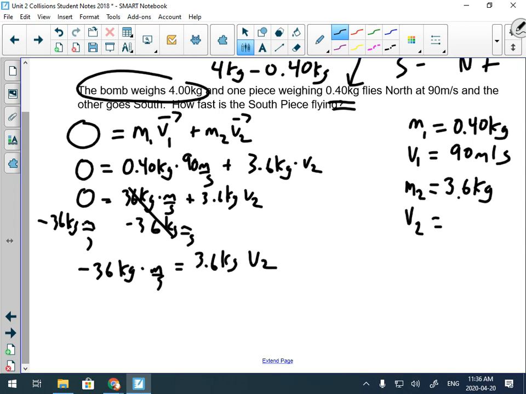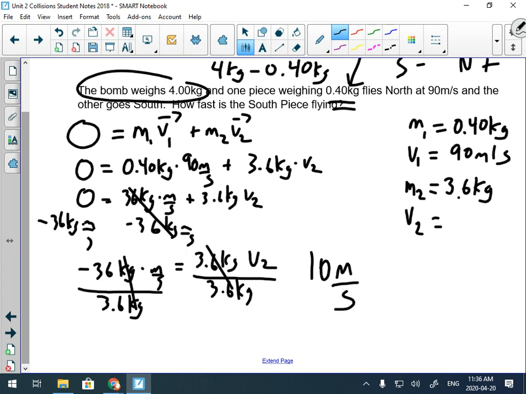So just like the last problem, I'm going to divide both sides by 3.6 kilograms. And pow! The kilograms cancel, and I go 36 divided by 3.6. I get a very nice and even 10 meters per second.